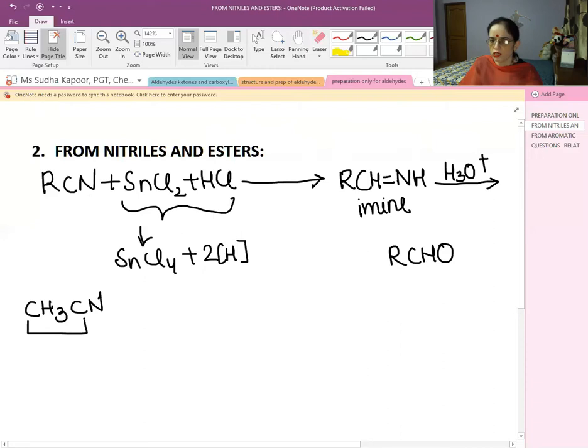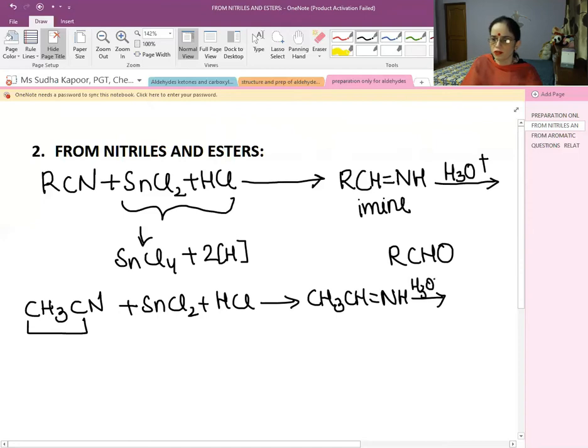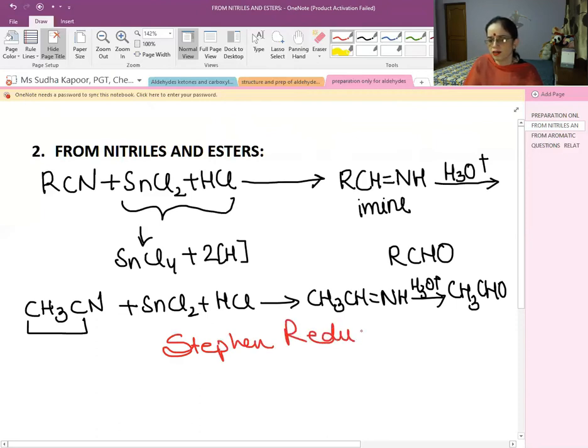Remember, when we talk about nitriles, all the carbons are counted. On treatment with SnCl2 and HCl, it gives CH3CH double bond NH, which in the presence of H3O+ gives CH3CHO. So a simple preparation from the nitrile part. This reaction is given the name Stephen reduction.